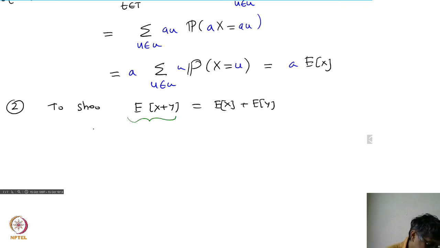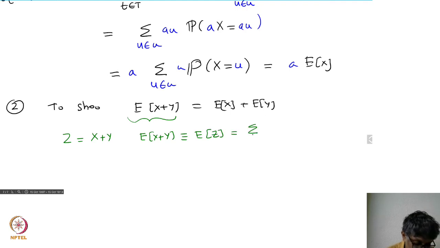This side is you take z is equal to x plus y, and then E of x plus y is the same as E of z, right? And it's the same as the sum over z in the range of z, times the chance that z is equal to z. Right? That's how you understand the right hand side.